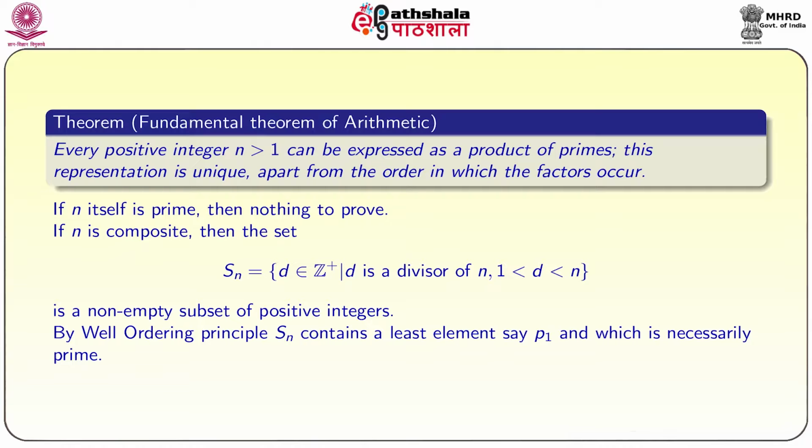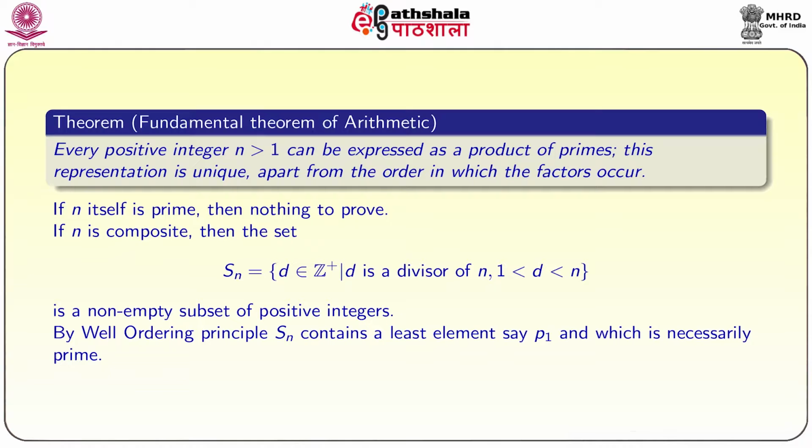This is true because we are assuming n is composite, so there is a divisor which lies strictly between 1 and n. So this Sn is non-empty, and further we are assuming all these integers are positive. So Sn is a non-empty subset of positive integers. Whenever we come across this, we recall the well ordering principle. So, by the well ordering principle, Sn has a least element. Let us say that least element is P1.